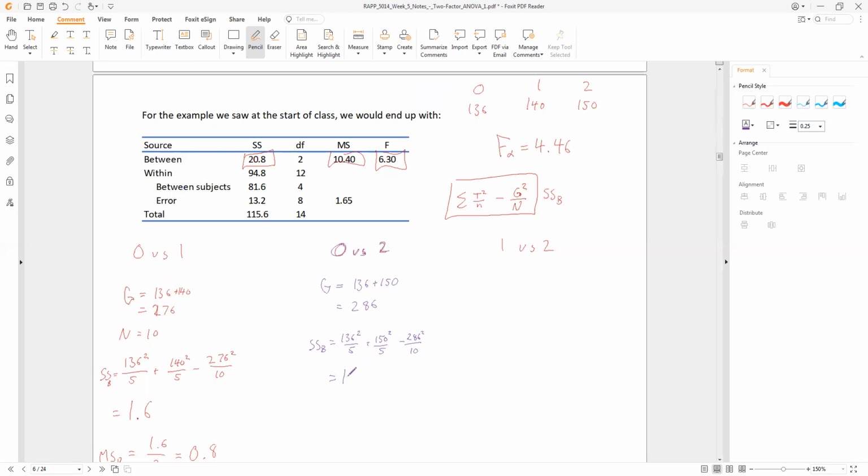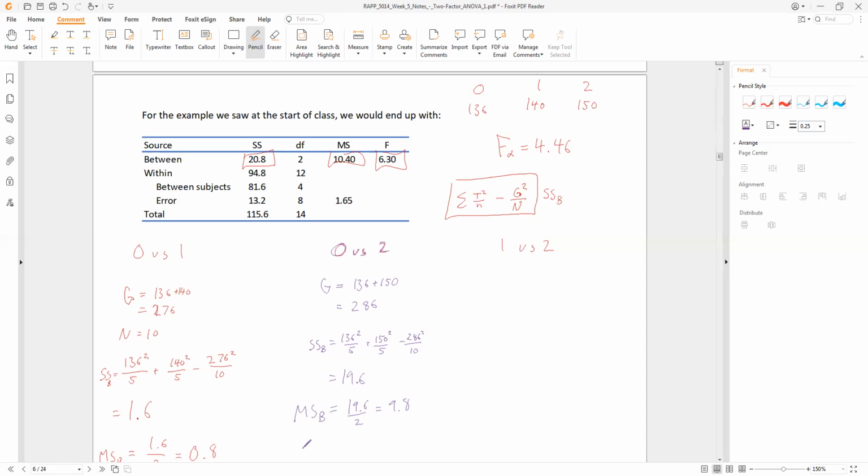And that's going to give me 19.6. And then my MSB is going to be the 19.6 over 2, which is going to be 9.8.